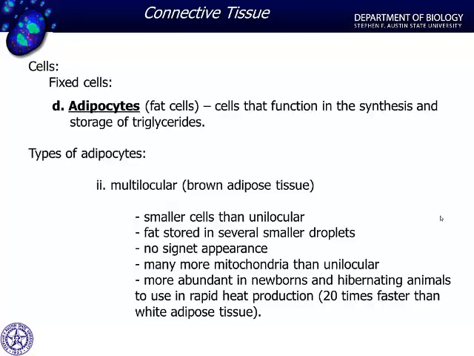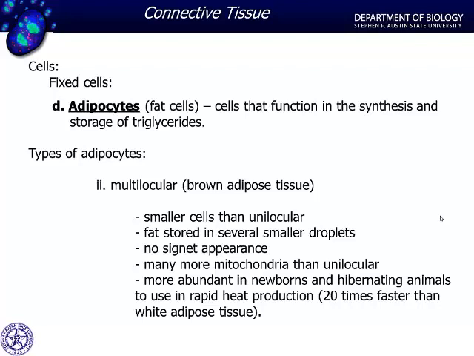The other type of adipocyte, this is going to be much more common in newborns, in fetal tissue, is referred to as multilocular or brown fat, brown adipose tissue. The fat's going to be stored in several small droplets. You're not going to have the nucleus pushed all the way to the side. The membranes that wrap these droplets into vesicles are going to be present more after the tissue processing, which gives it the dark, more dense color.